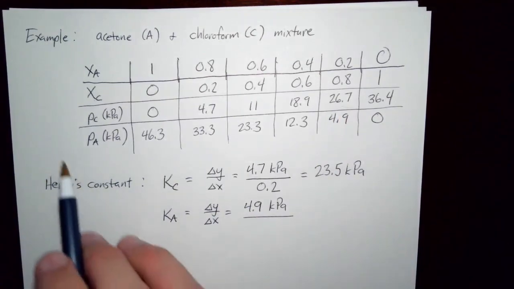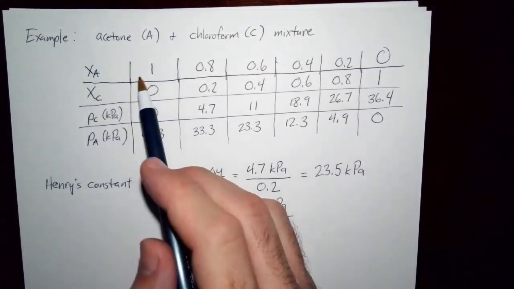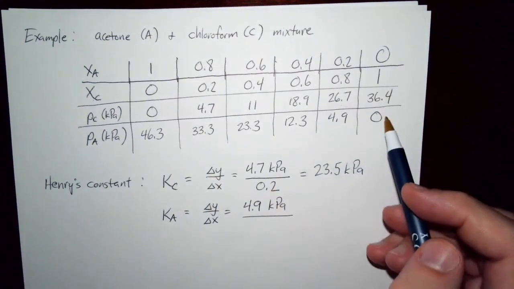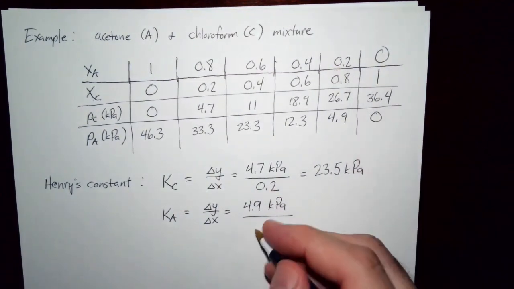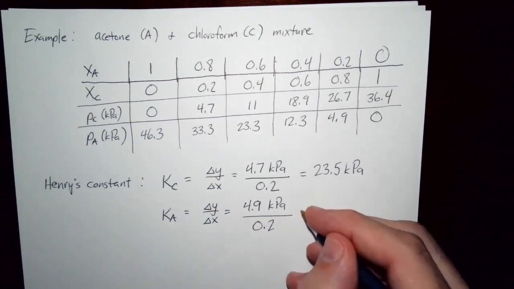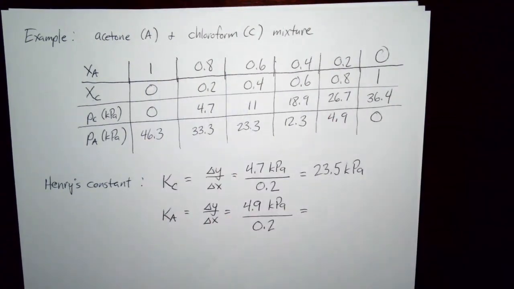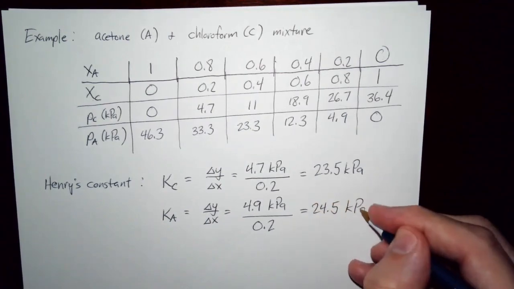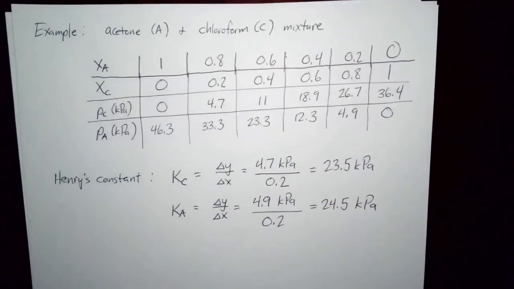We usually calculate the slope when X is increasing from left to right. The delta X is again 0.2, like before, because all of our points are spaced 0.2 apart. And this works out to 24.5 kilopascals. So that's how you find Henry's constant.